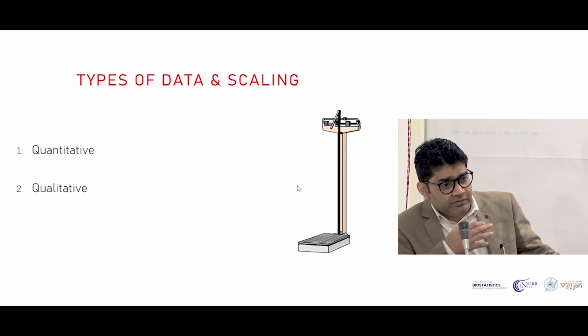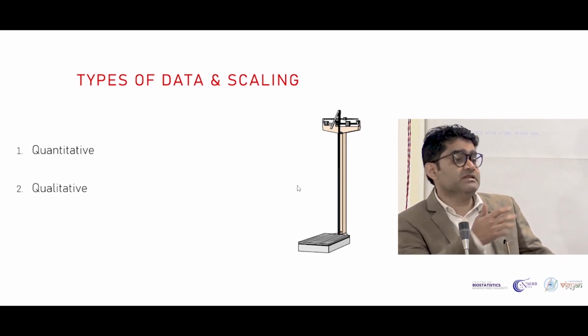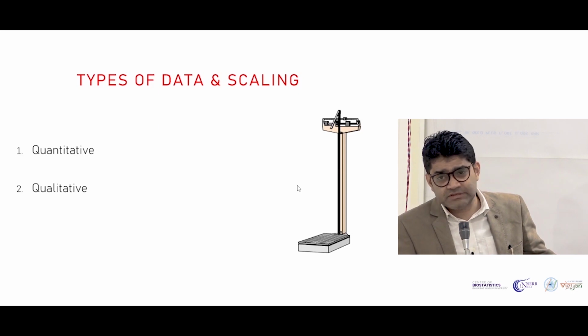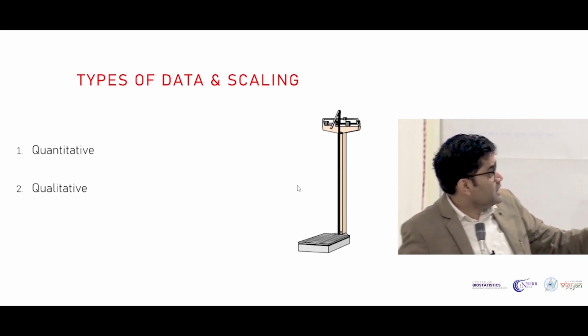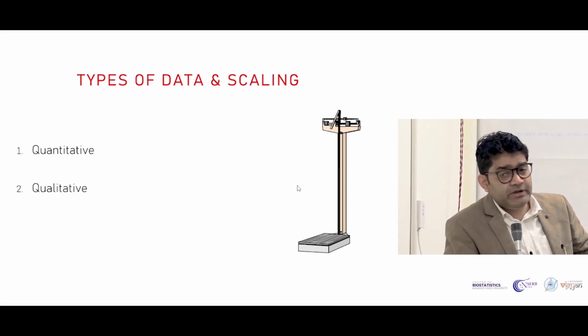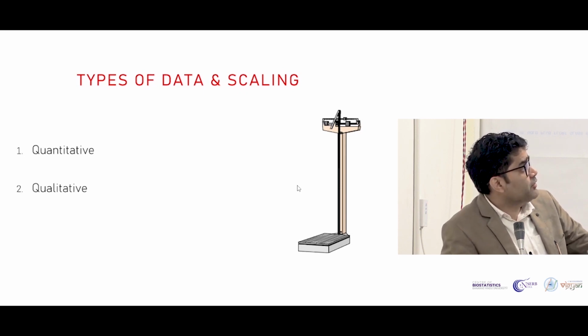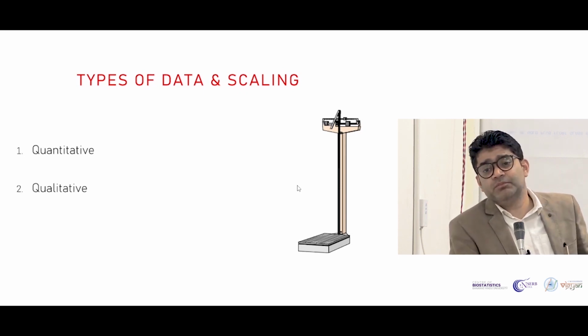Why? Because qualitative analysis is very difficult to generalize. It will vary from observer to observer. So to establish generalization of qualitative statistics is very difficult. Now, as we have SI units, we measure your height, weight and all that. Similarly, for measuring the data, we have certain important scales.